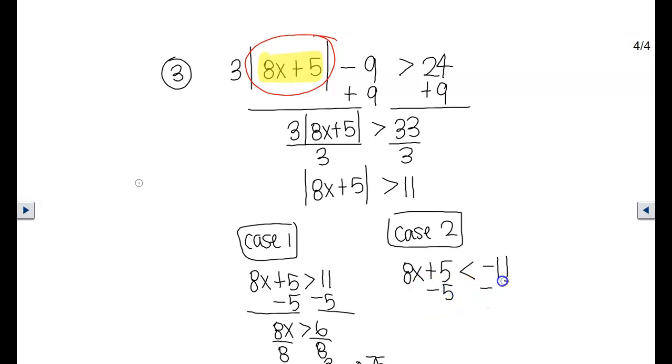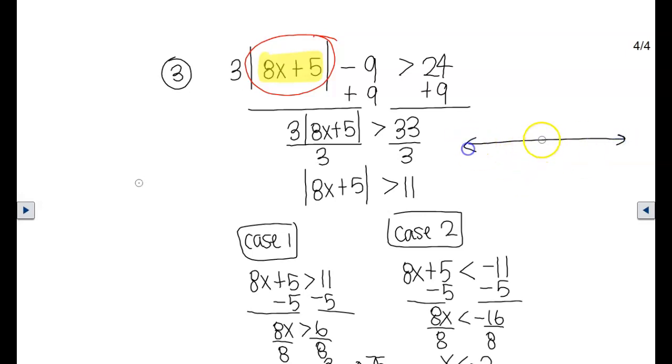Subtract 5, subtract 5. 8x is less than negative 16. Divide by 8, divide by 8. X is less than negative 2. On the number line, we need 0.75 and negative 2.